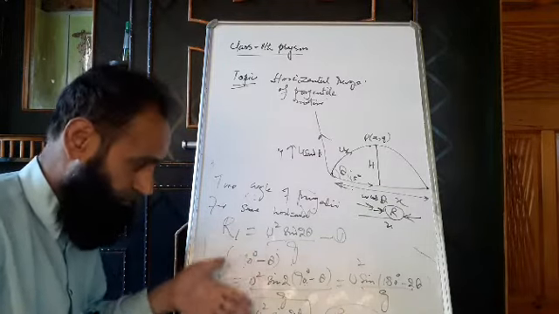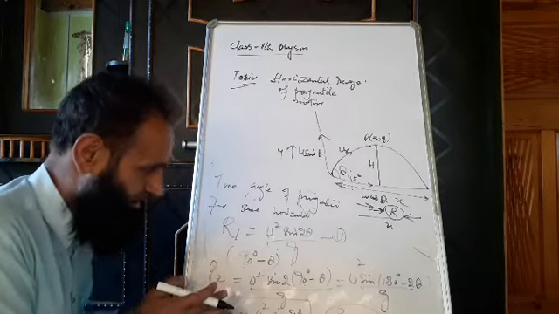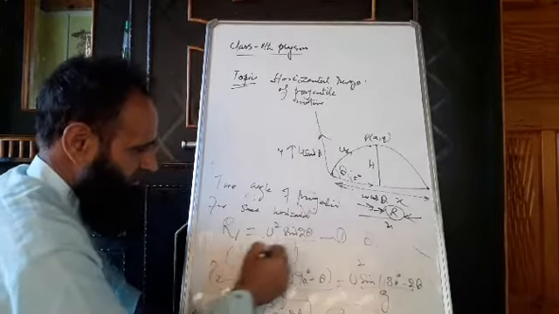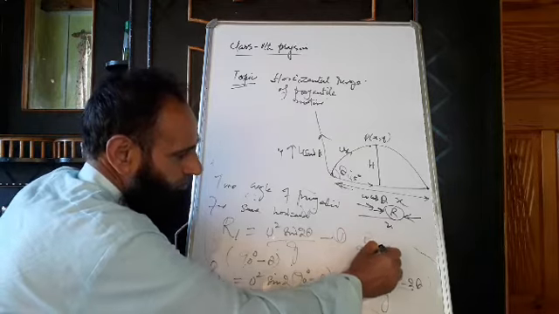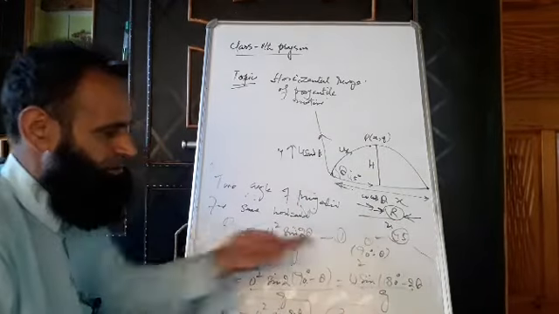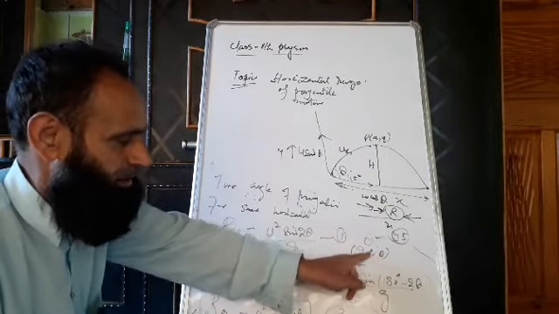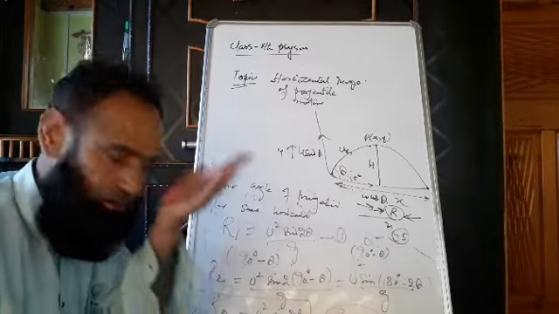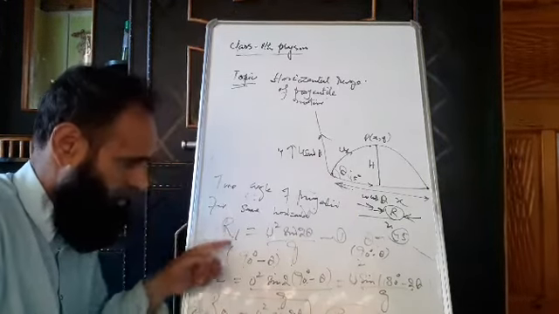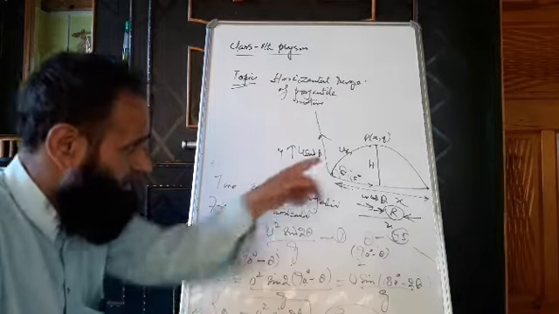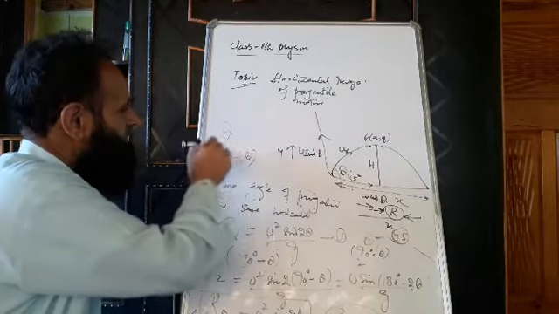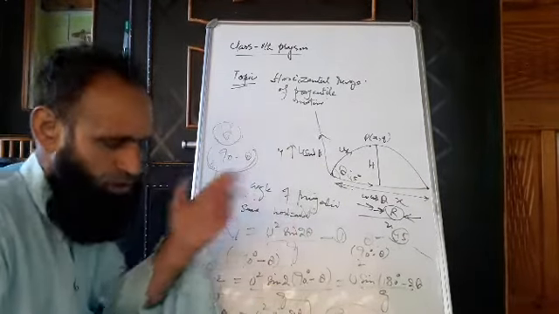But we must remember what those different angles are: one is theta, and another is 90 minus theta. We have taken theta as 45 degrees. When we take 90 minus theta, that is 90 minus 45 degrees, which is also 45 degrees. So when the angle of projection is either theta or 90 minus theta, we get the same answer in both cases. We get the same horizontal range.